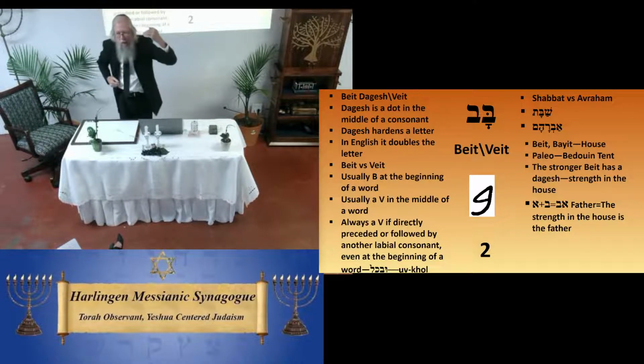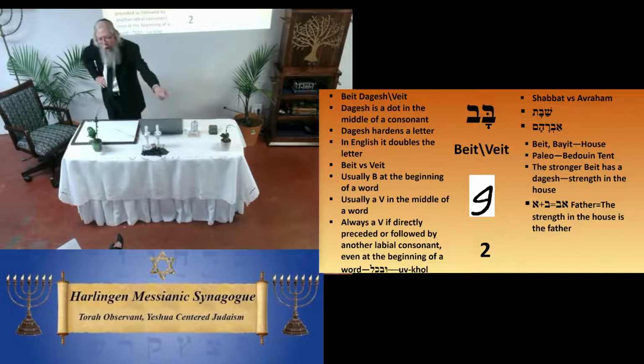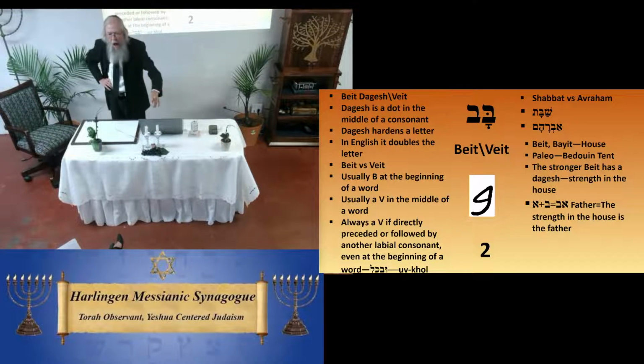Why? Because the consonant brings its defining term into the word. So the difference between a vav, a vet, aleph vet, av, father, it's distance. It's not a strong relationship. As opposed to abba, now there's a dagesh in there, strengthening the word because it's a close relationship. It's a strong relationship.